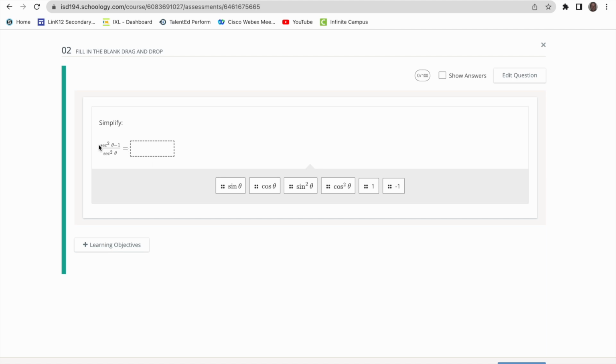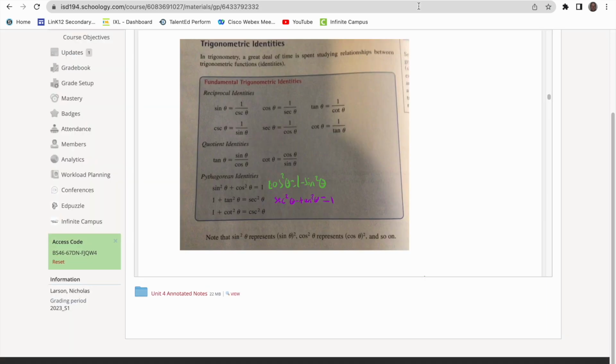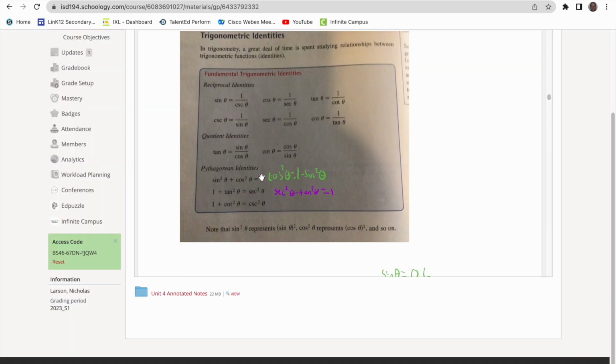Simplify this statement. Again, secant squared theta minus 1. If we look back on our notes, we have a similar statement where if I do something with this 1, secant squared minus 1, that might equal tangent squared theta.